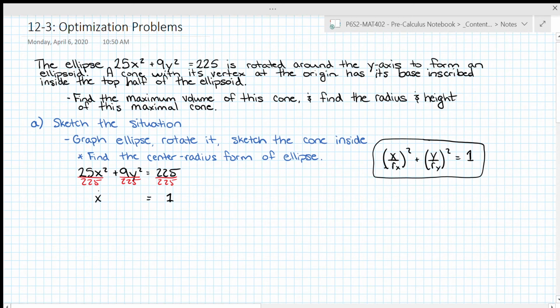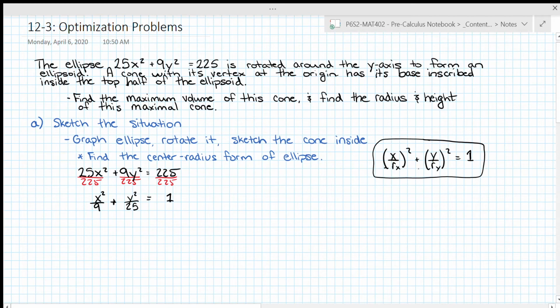So I get x squared over 9. And 9 over 225 is 1/25, so I get y squared over 25. So 9 225ths is 1/25, 25 225ths is 1/9. And so I get this simplified thing.